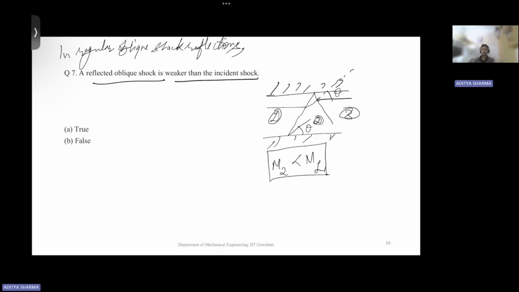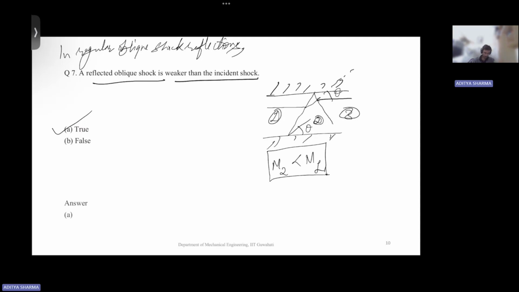Now, but deflection has remained the same, right? So, because Mach has decreased, the reflected oblique shock becomes weaker than the incident shock. So, this is a true statement. Okay.